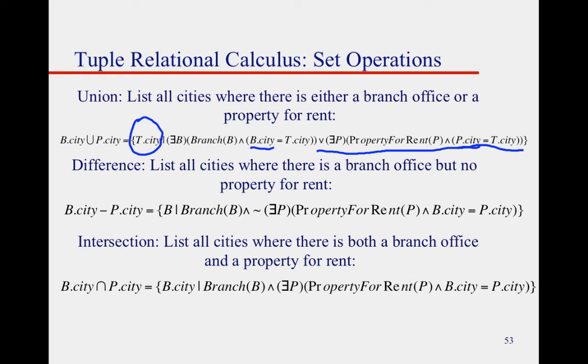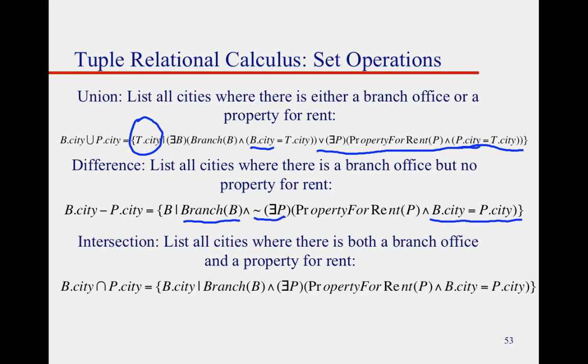So set difference, if I want every one where I have a branch office but no property for rent, now B is the free variable, and I'm saying there does not exist a property P such that B dot city equals P dot city. So that's set difference. That makes sense. An intersection says it has to be both a branch office and a property for rent in the same city.